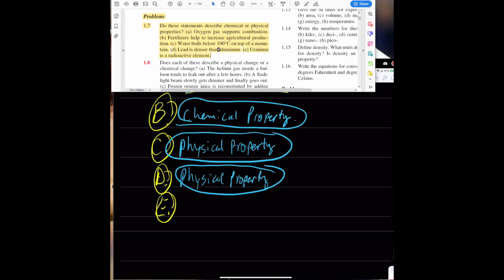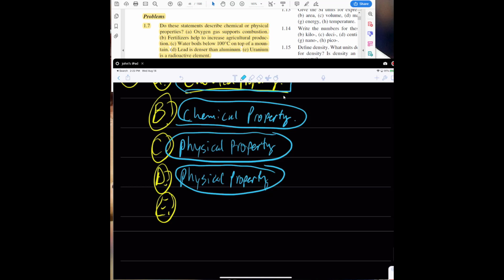What do we have? Uranium is a radioactive element. So if it's radioactive, that means it's decaying. We could think of it as the amount of uranium at one point in time is not the same as it is at another point in time. So if you have a certain amount of uranium now, in 150 years or whatever it is, you could think of 1,000,000 years from now, that mass of uranium is going to be less because it decays.